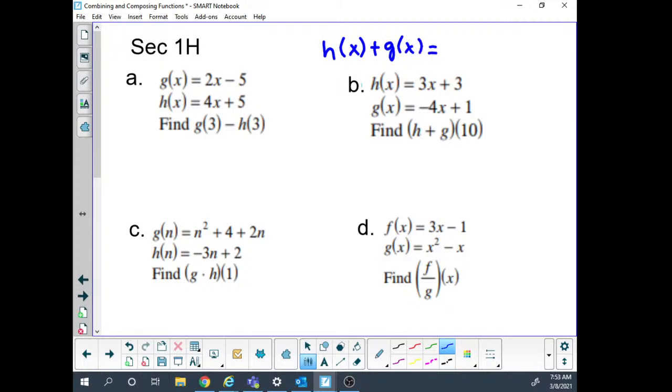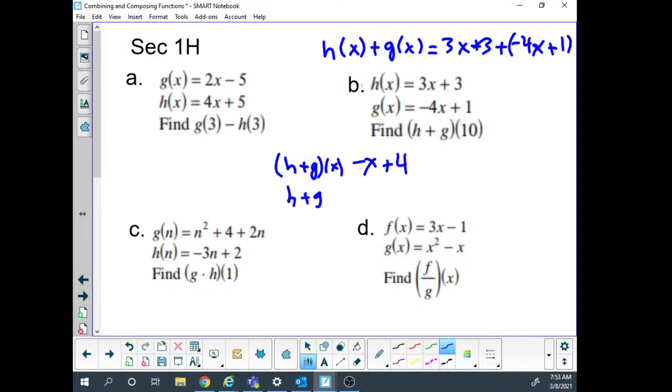So that's 3x plus 3 plus negative 4x plus 1. And then you're like, oh, okay, I got negative x plus 4. That's what h plus g of x is. So h plus g of 10 is negative 10 plus 4.